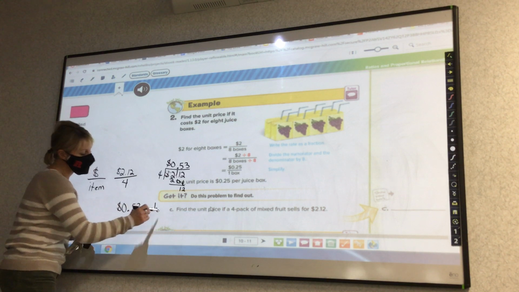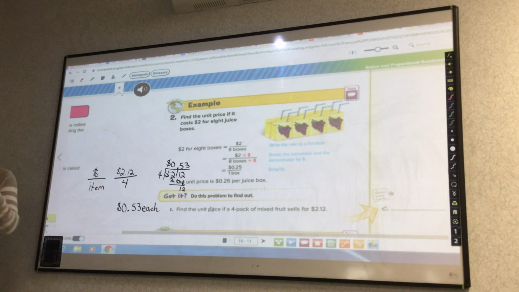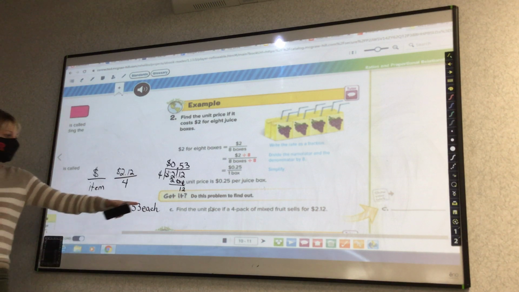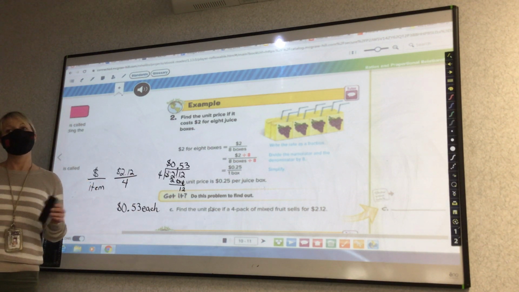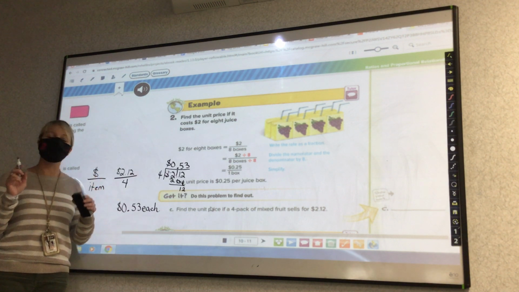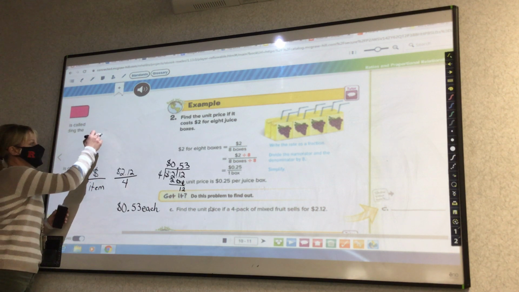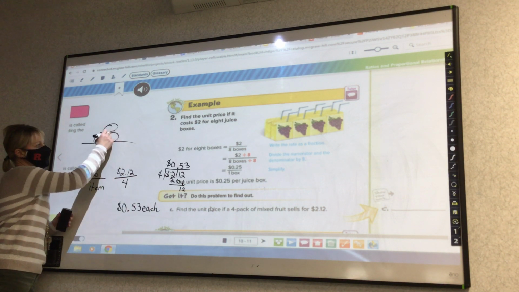And your label should actually be each, or per piece of fruit. It's not the pack, because the pack is $2.12. I put /fruit, slash fruit, piece of fruit. Because if you're in the grocery store and let's say here's your fruit on the shelf, let's say these are oranges.